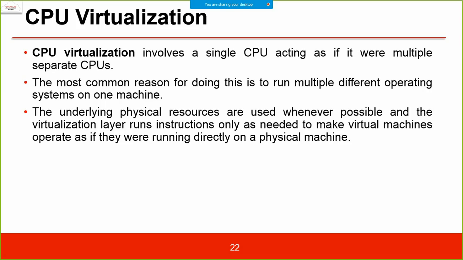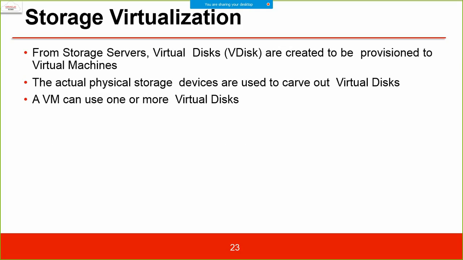The most common reason for doing this is to run multiple different operating systems on one machine. The underlying physical resources are used whenever possible, and the virtualization layer runs instructions only as needed to make virtual machines operate as if they were running directly on the physical machine. So the CPU is virtualized for this purpose.